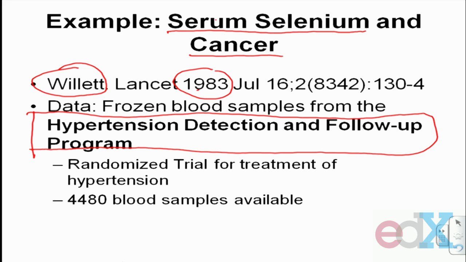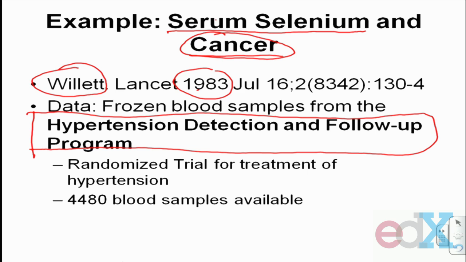They also collected information on other outcomes. They built a registry, and they could determine who were the people who in the follow-up period developed cancer. It wasn't a primary outcome in their study, but they collected that outcome information for the potential for future studies.